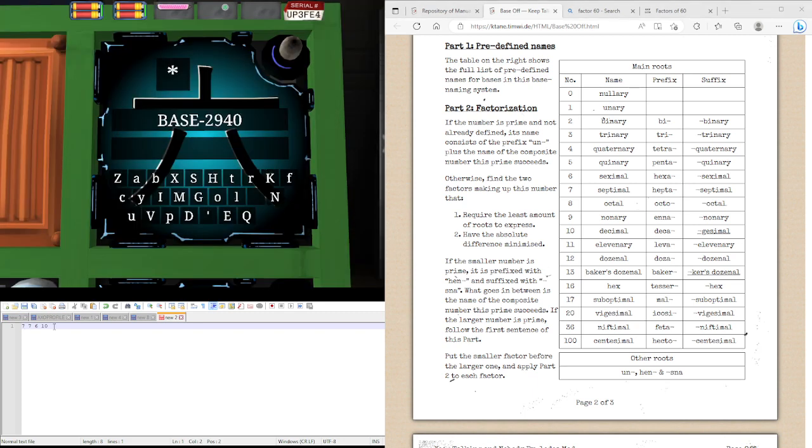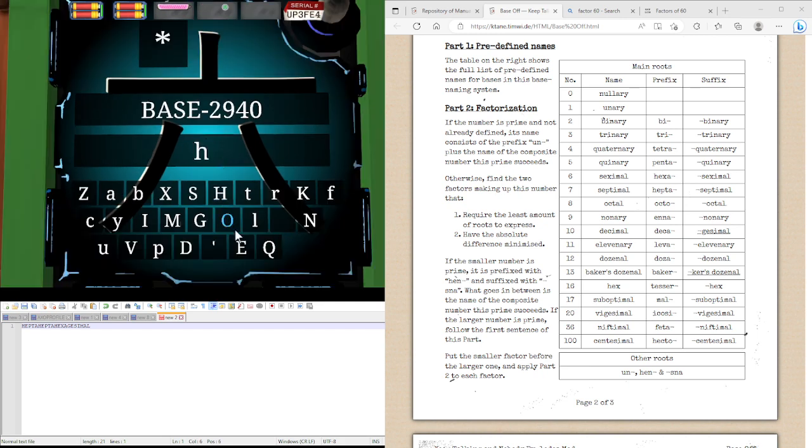So converting this, we have hepta, and then hepta again, and then hexadecimal. So if we've done this right, we should have heptiptahexadecimal. And we type it out using the keyboard.